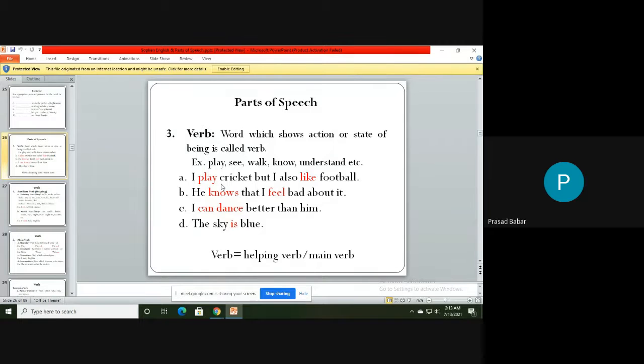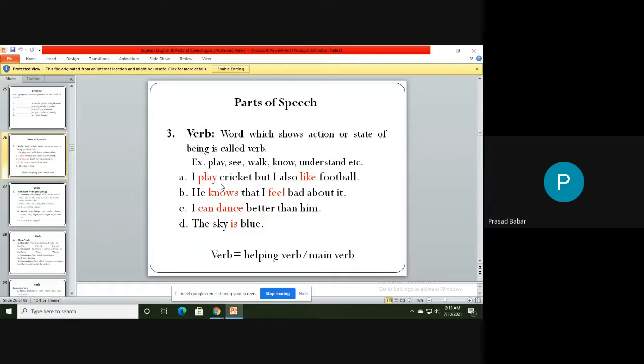So play and like, these two are the verbs used in this sentence. I play cricket, but I also like football. So in this example, two verbs are used, play and like.